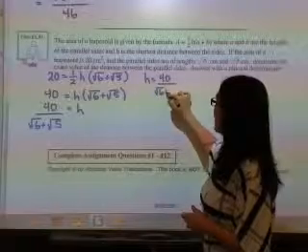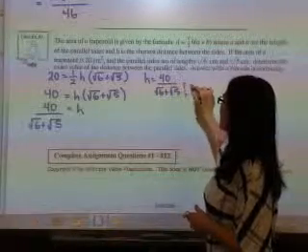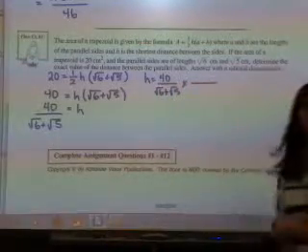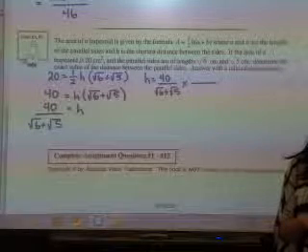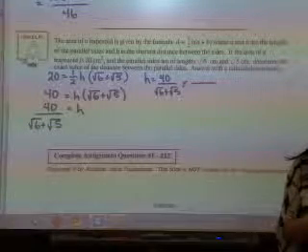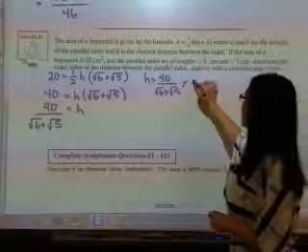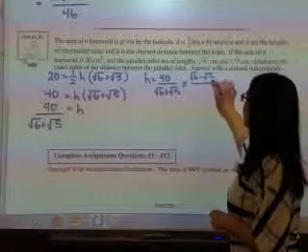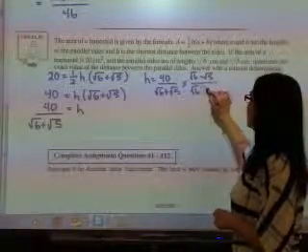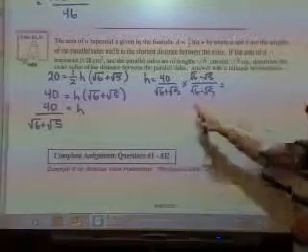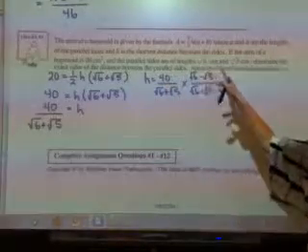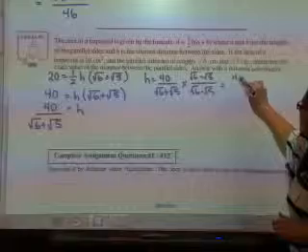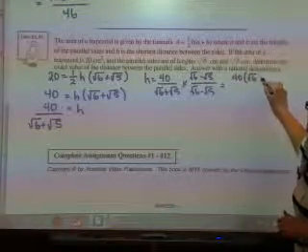I would have to multiply this by the conjugate. And what would the conjugate be? So because I only have the one term, I can leave them factored out, or I can leave them separated.